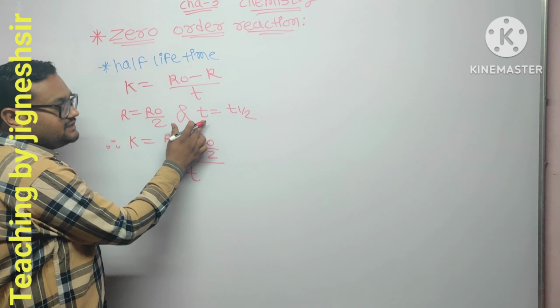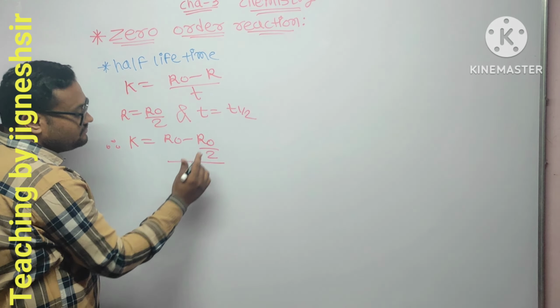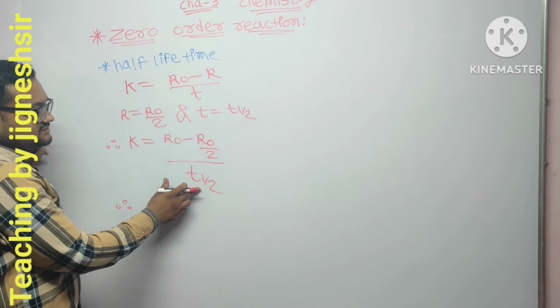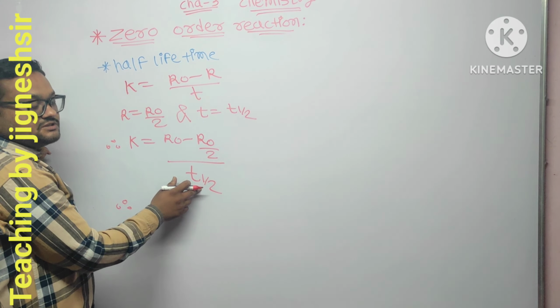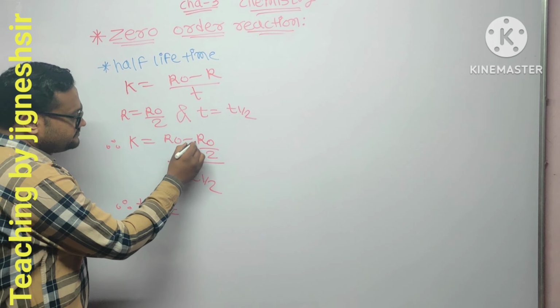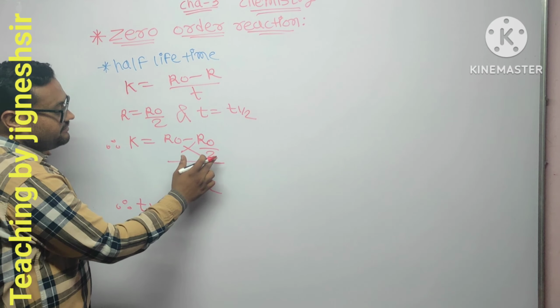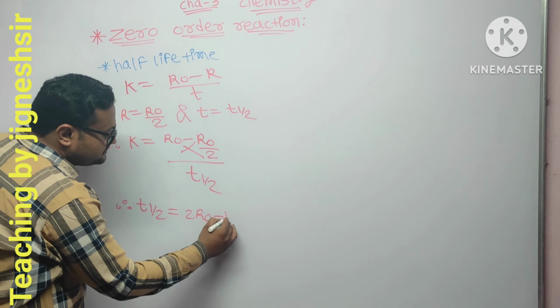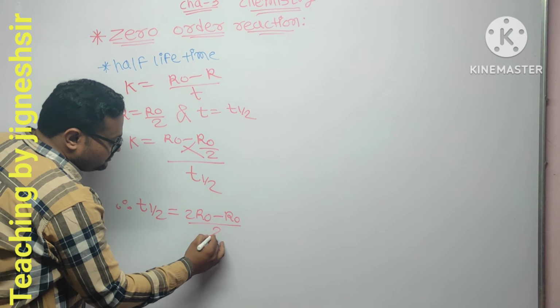But don't take t, we have to take t1/2. Therefore this t1/2 is in division, there in multiplication, so K t1/2 is equal to R0 minus R0 upon 2.